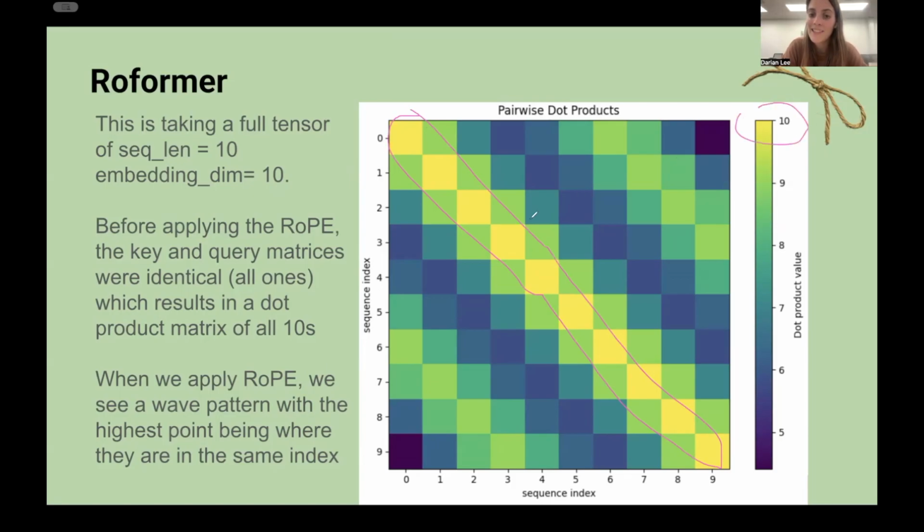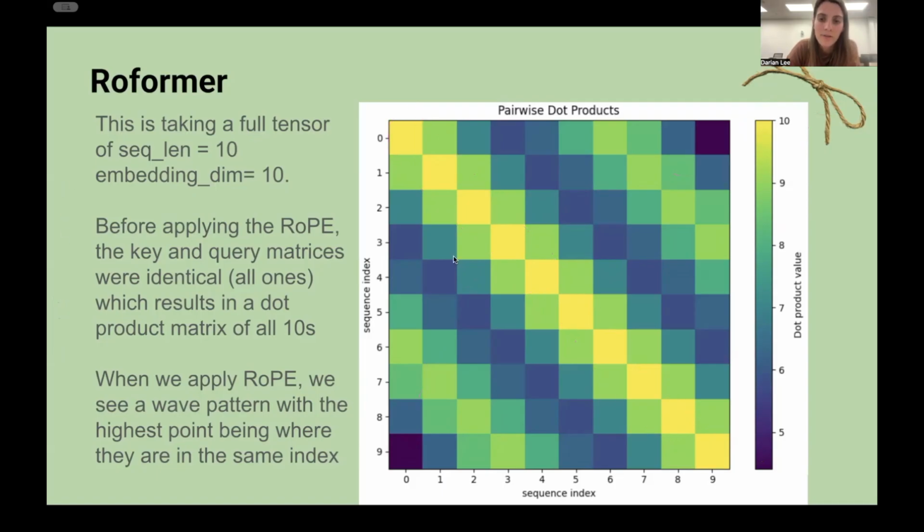However, we would expect it to get lower and stay low across all these non-diagonals. So we would expect it to go down and keep going down. However, what we get instead is this wave pattern. And I can actually show this better in another plot.